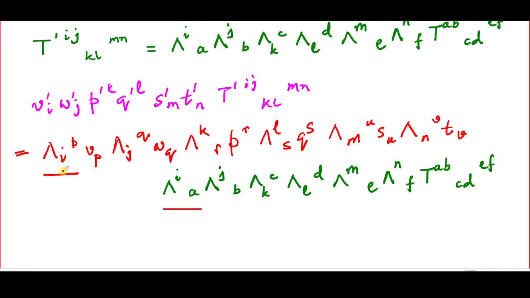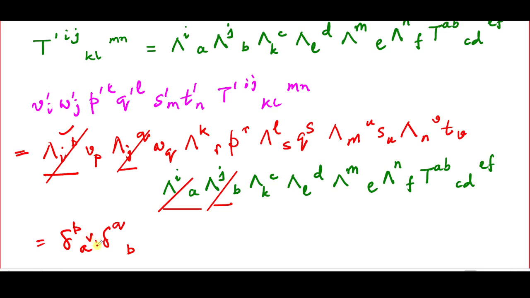This is actually the pth element of L inverse times the iath element of L. So, it's actually the pAth element of the identity, delta PA. So, these two together give you delta PA. So, if I get rid of these two, I'll get delta PA. Similarly, you're summing up over J between this and this, which gives you delta QB.